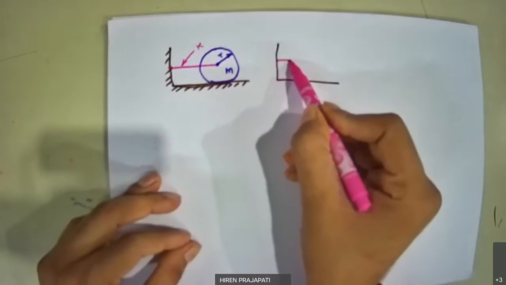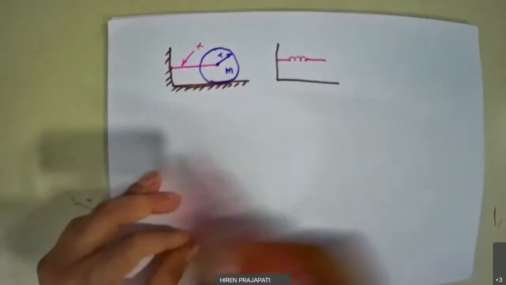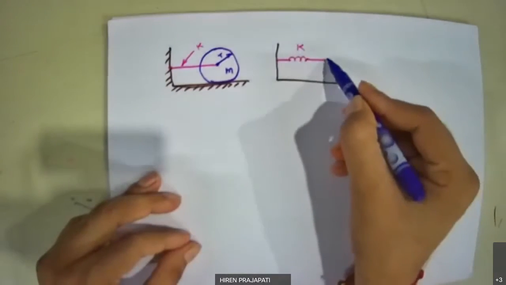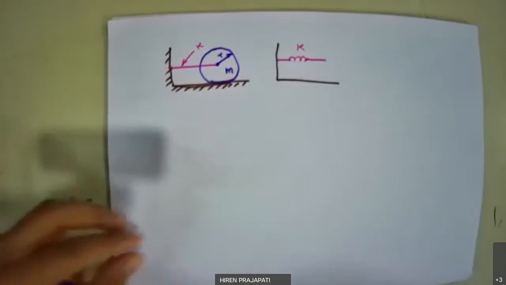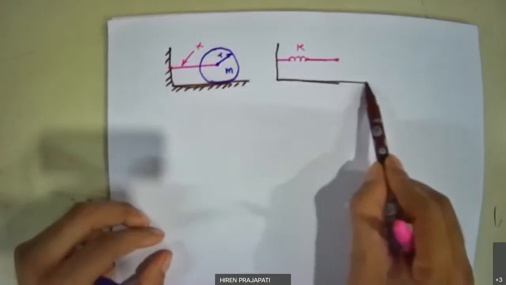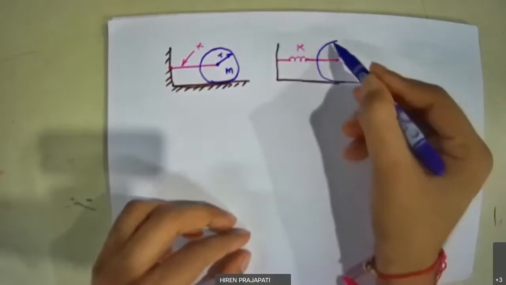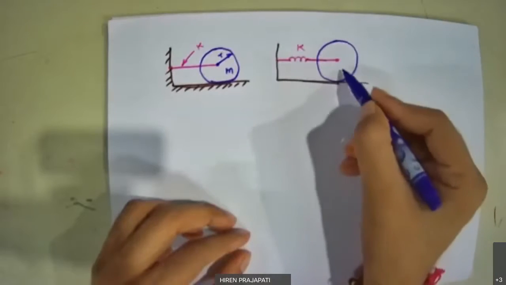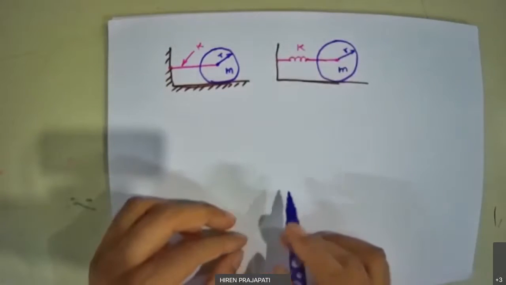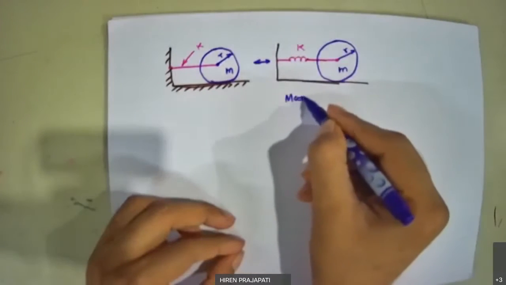So I'm indicating this restoring member with the help of a spring element which has some stiffness k, and then we have the disc with mass small m and radius r. This is what we can call the mathematical model.